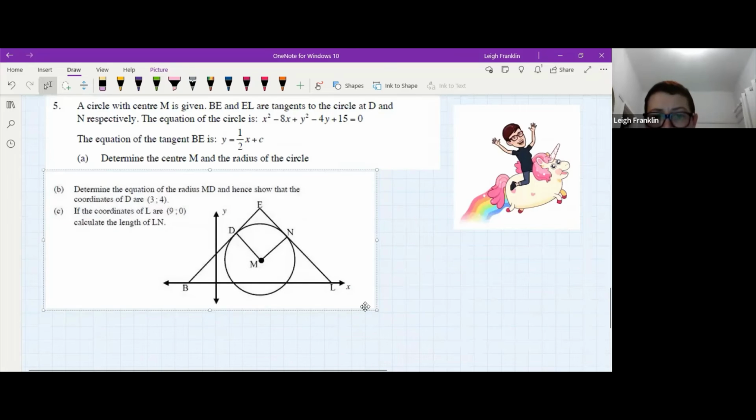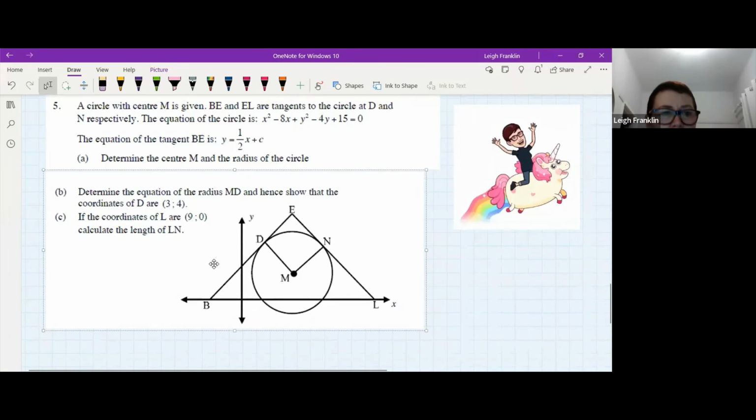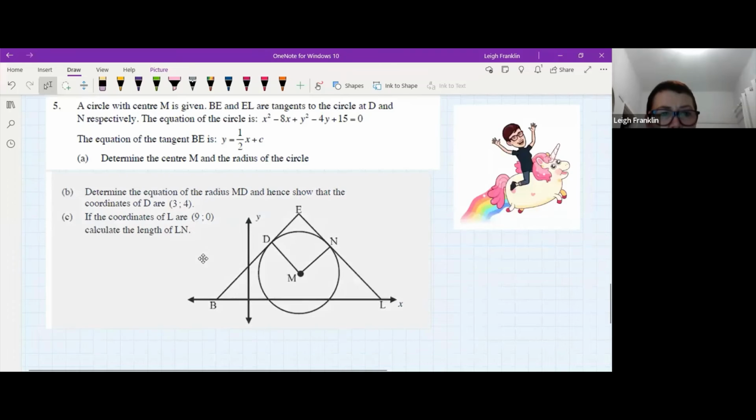And the other bit of information that they have given us is that the equation of tangent BE is the line y equals half x plus c. Okay, so let's just fill this information in. So this line is y equals half x plus c. So we don't know the y-intercept, that's fine.